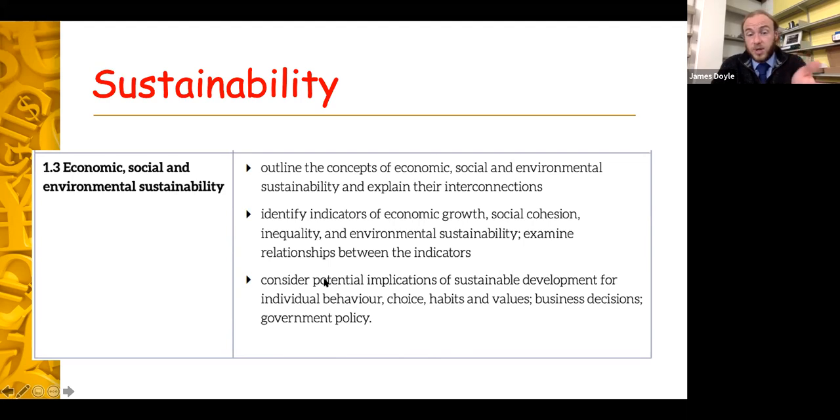So, considering the political implications of whatever it is they're doing on sustainable development, that's where they're bringing sustainability into it. For a lot of them, it gives them a clear focus as to where and why they're making it sustainable in a meaningful way and not just in a tokenistic tick box way.